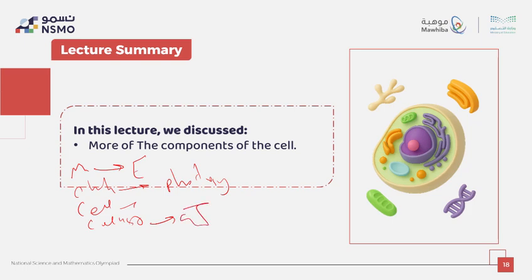And we talked about cilia and flagella and the difference between them. And we talked about the most important thing among all organelles, the nucleus, and we covered all of these components.